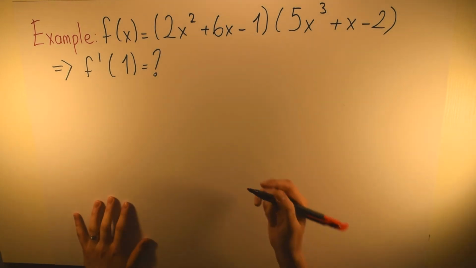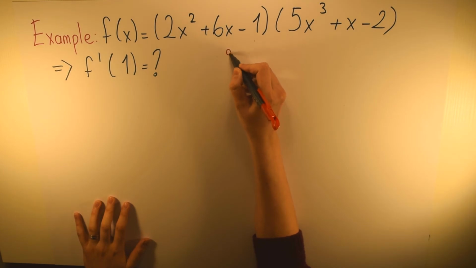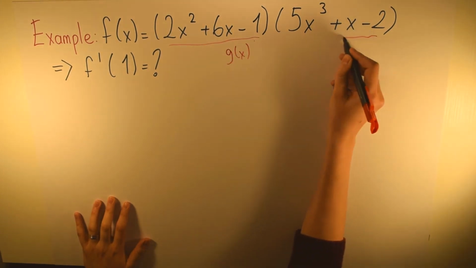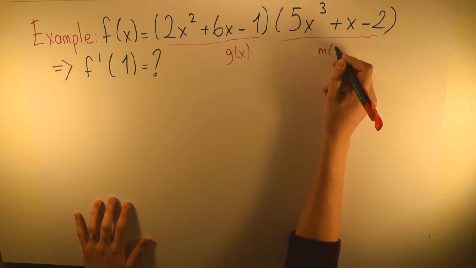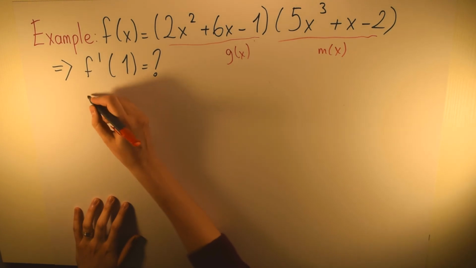So what was the formula for that? Let's say this is g of x, this one, and let's say this one is m of x. So how was the formula?